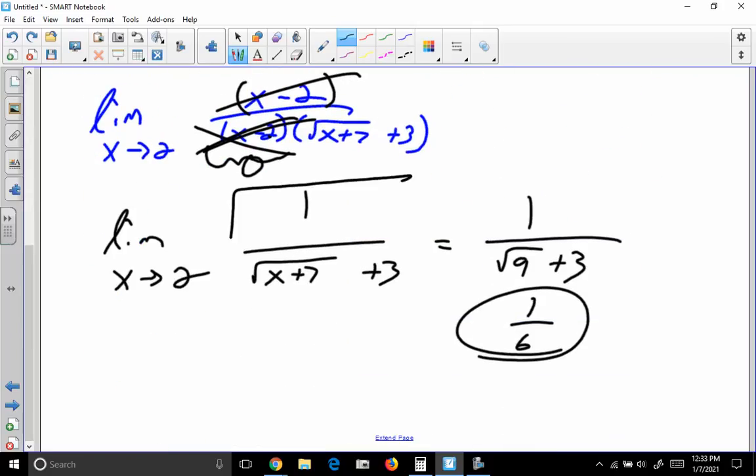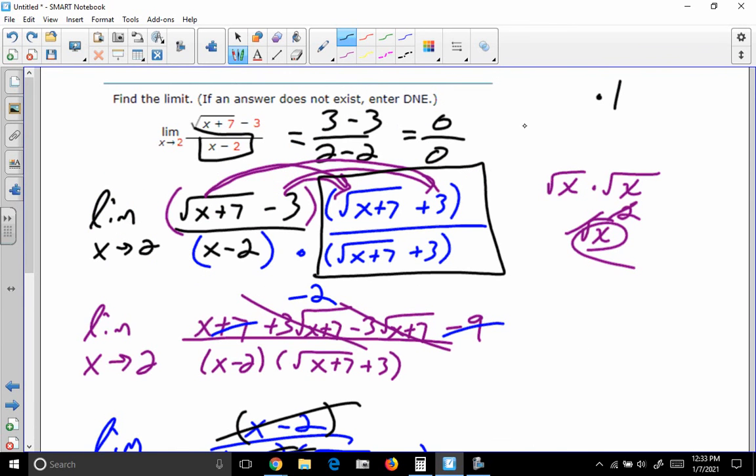So this fraction is equivalent to the original one. The only difference is where we are undefined, our domain. So they are going to approach the same y value when x is 2. So this one approaches 1/6. Therefore, the limit of this one is going to be 1/6 when x approaches 2.